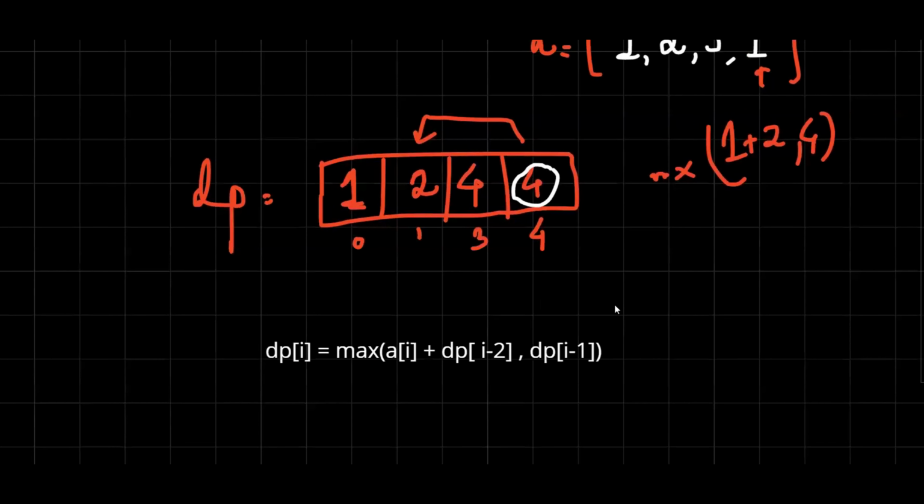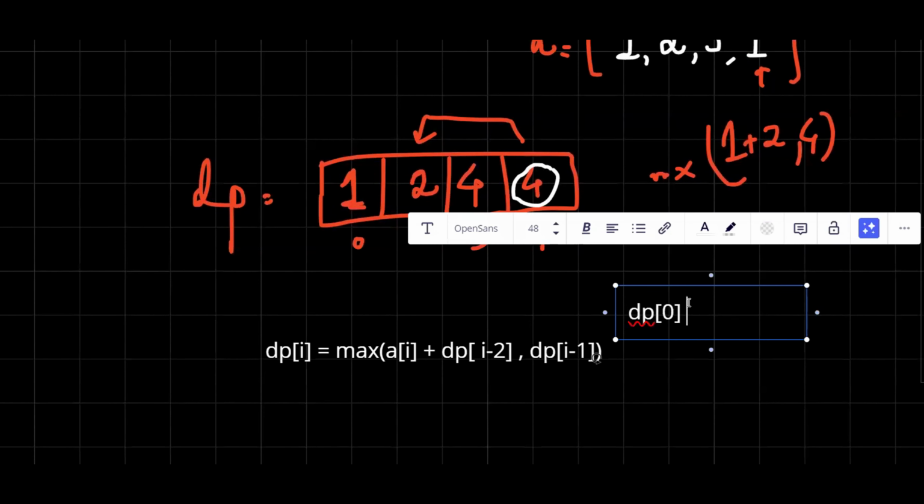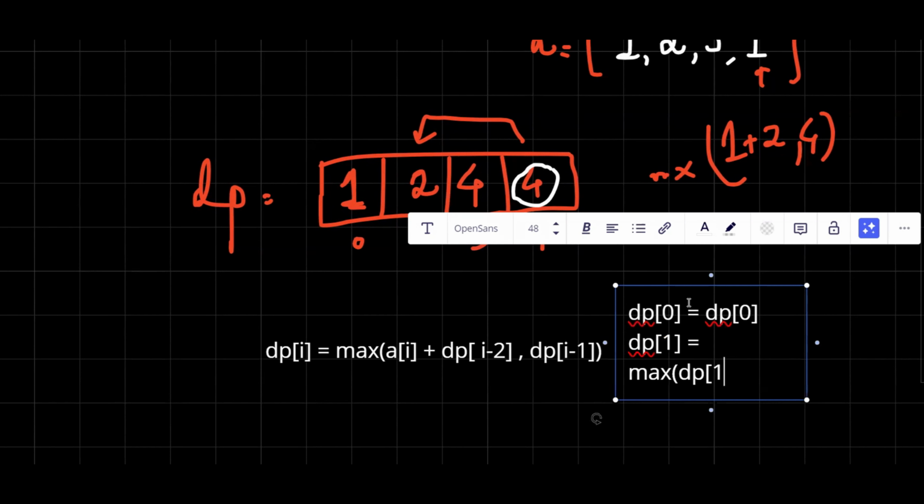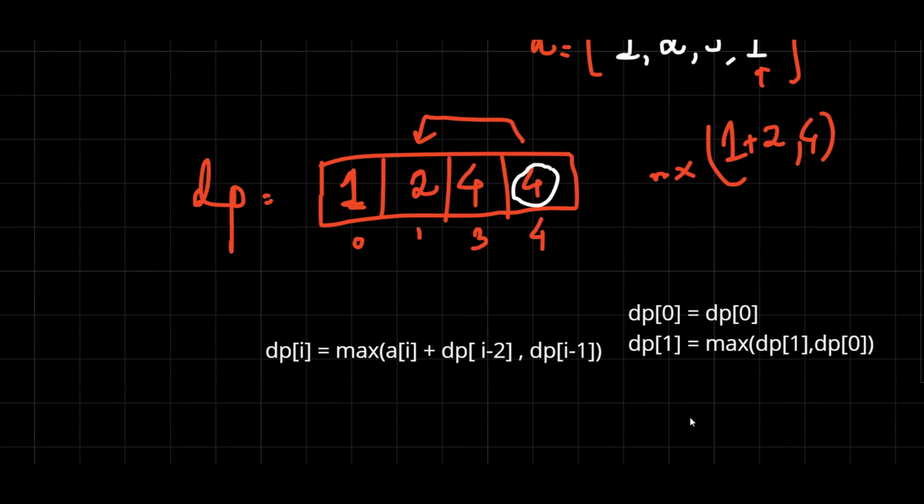And the base case is dp of 0 is equal to a of 0, and dp of 1 is equal to the maximum of a of 1 and a of 0. I hope you understood the base case and the formula of this dynamic programming problem.